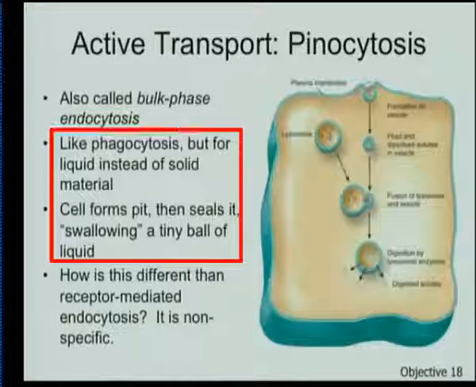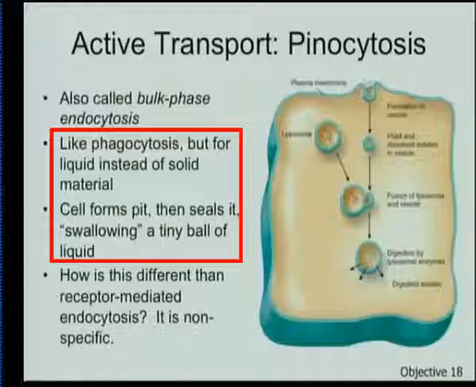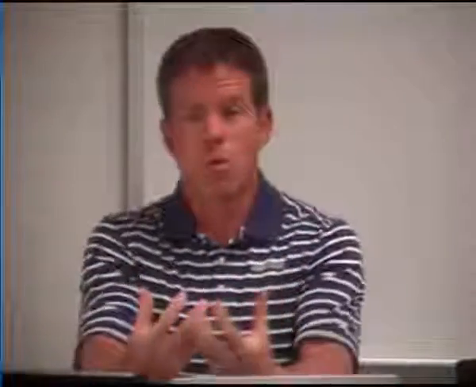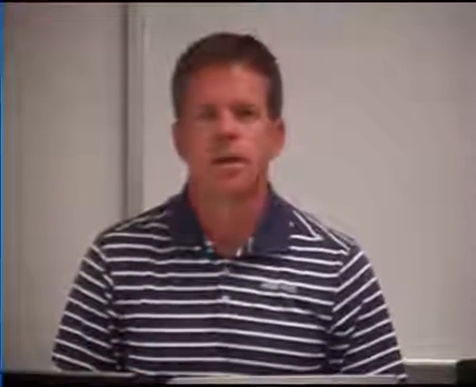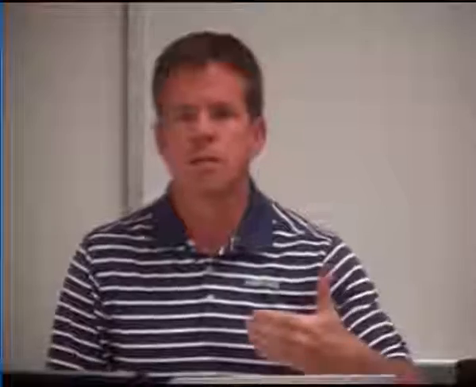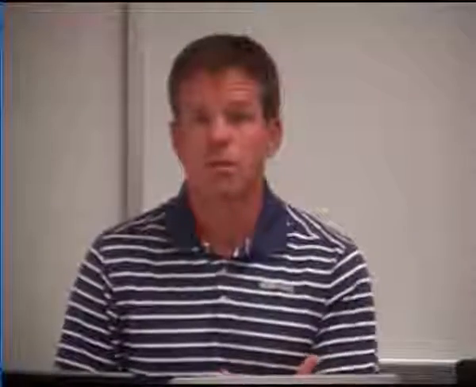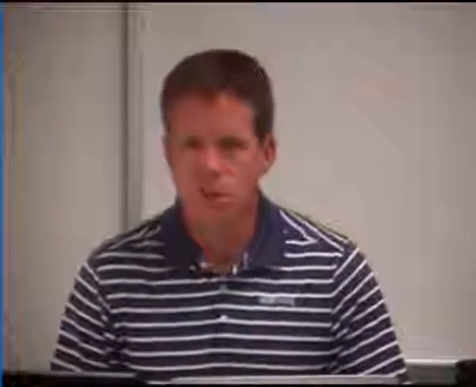Now, in situations where we want to pull in large amounts of stuff, it's not specific. When we're trying to basically take from like the blood, okay, and pull certain things into cells, it uses what we call bulk phase endocytosis. And because very often it's a large amount of liquid with stuff in it, okay, we call it pinocytosis.